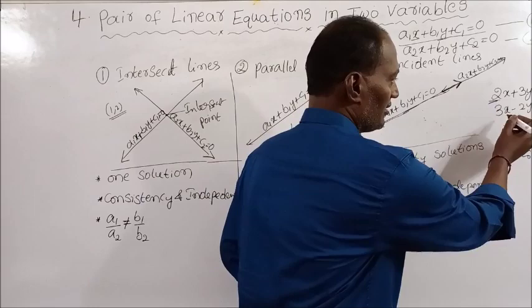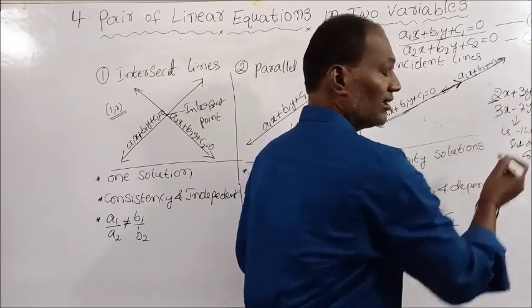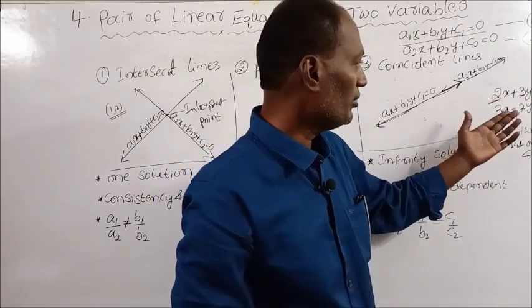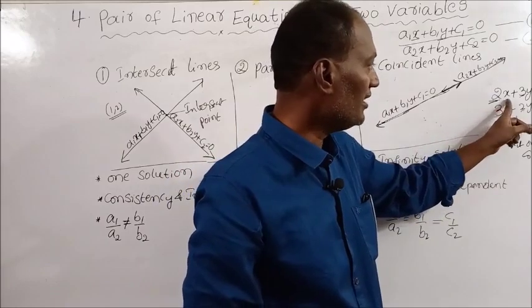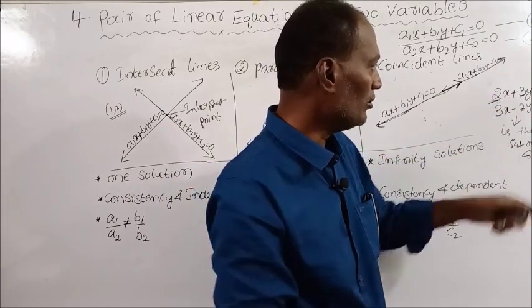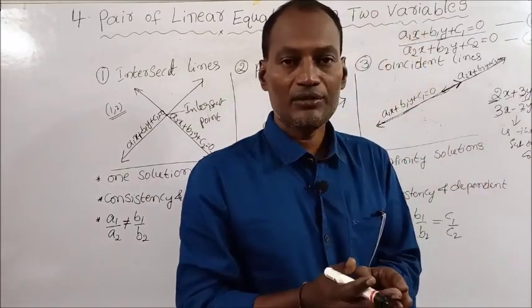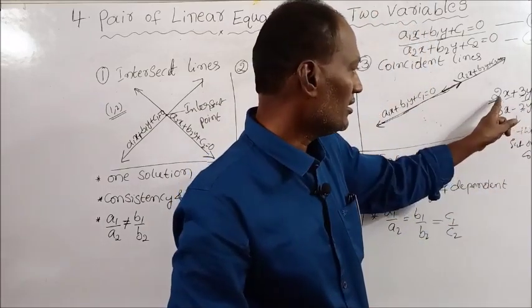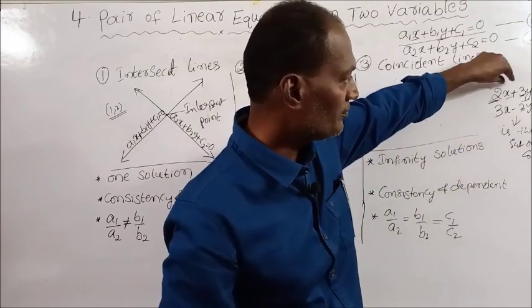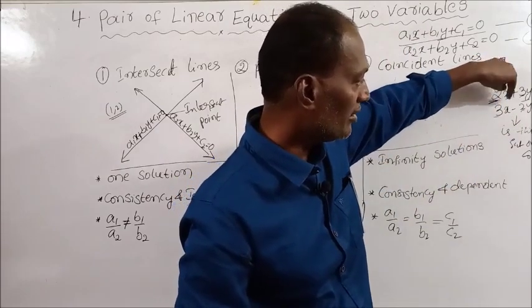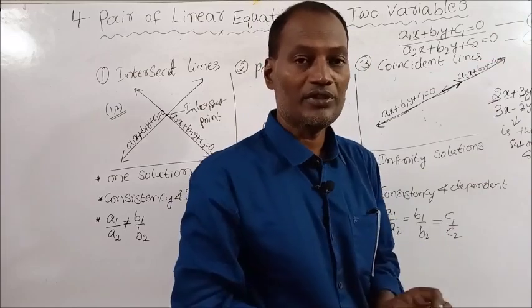We already discussed 2, 3, 3, 2. What is the meaning of coefficient? The coefficient is the number beside the variable. These are variables, x and y. The value beside the variable is called the coefficient, meaning a1, b1, a2, b2 are coefficients.